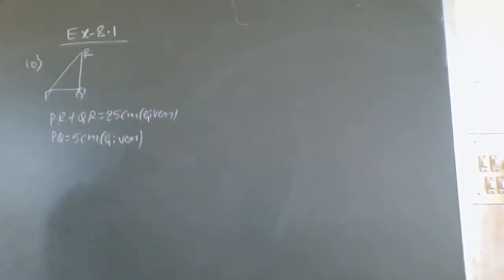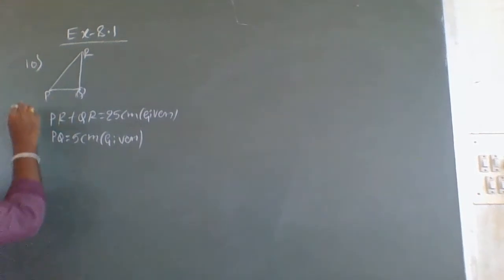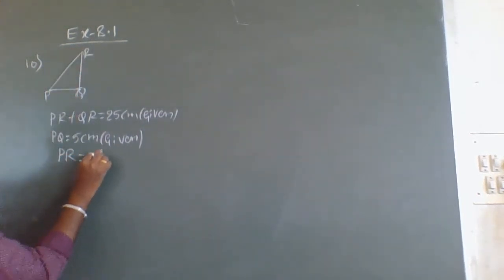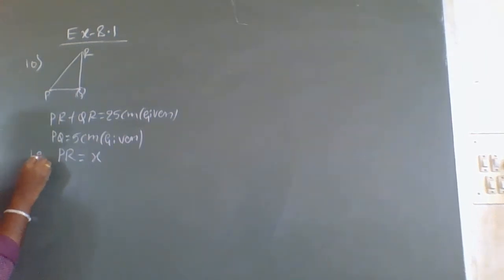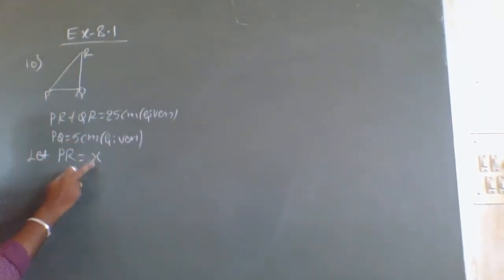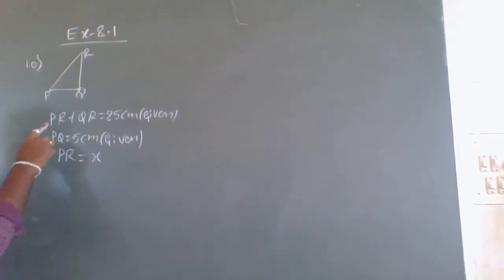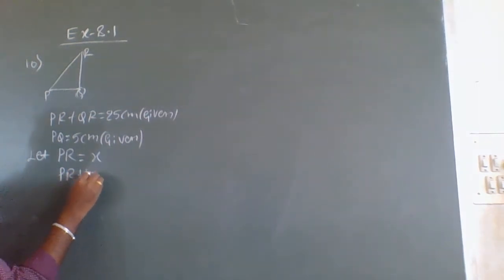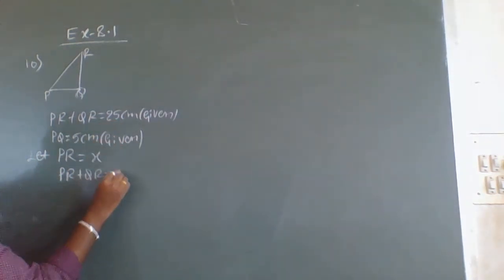So here I will consider length of PR. Let PR equals to X. Okay. So now they have given that PR plus QR is equal to 25.